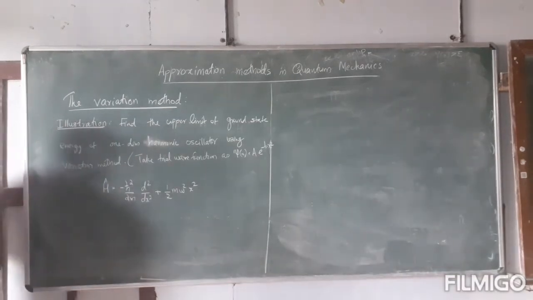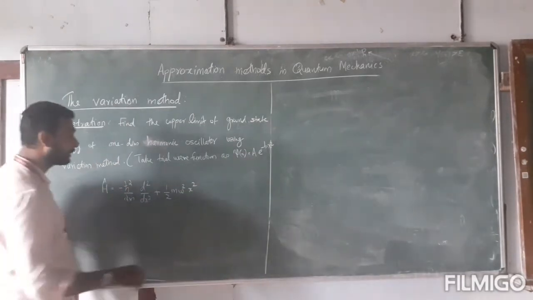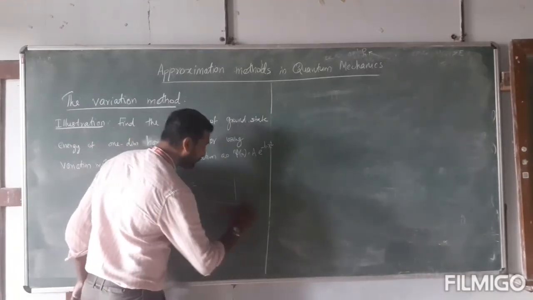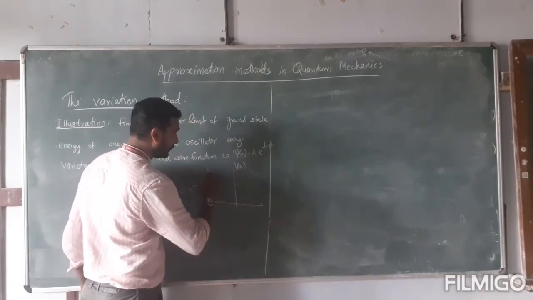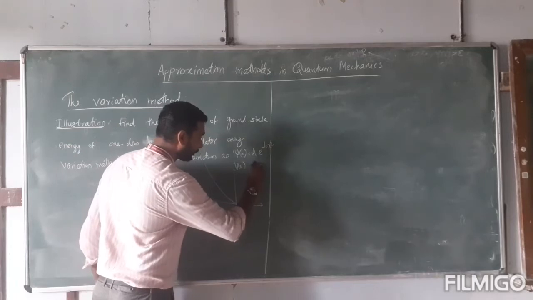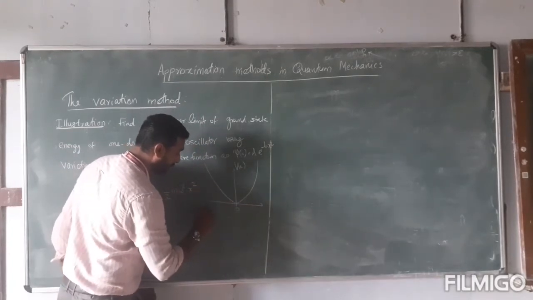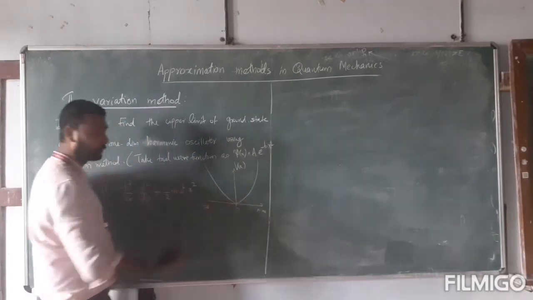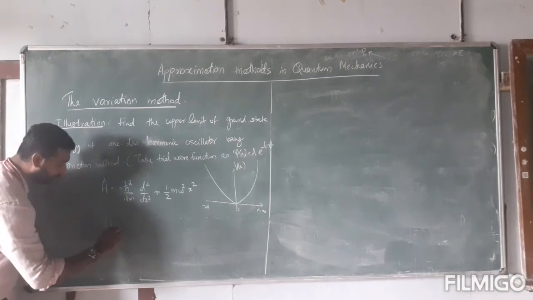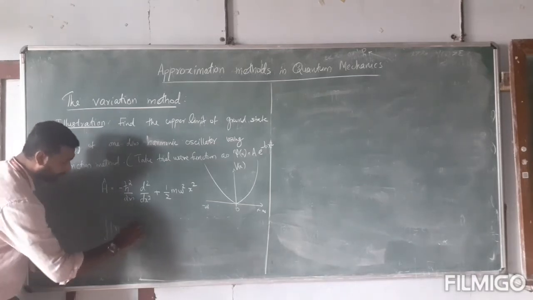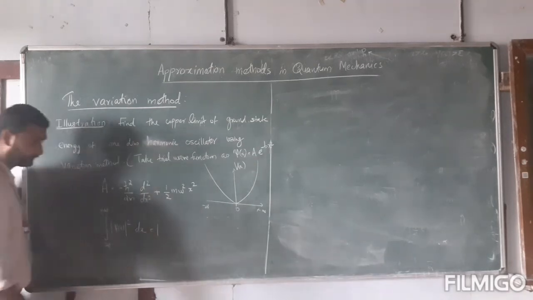Now, first we can normalize this wave function. If you look at the harmonic oscillator problem, the potential V of x is a quadratic function of x, and here x can go from minus infinity to plus infinity. So obviously, if you integrate mod psi of x square dx from minus infinity to plus infinity, you should get 1.